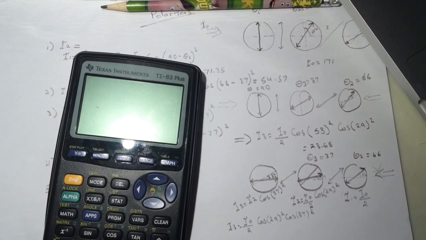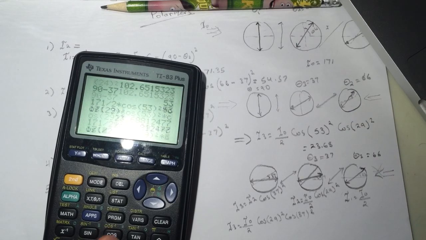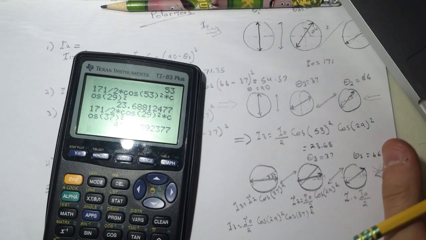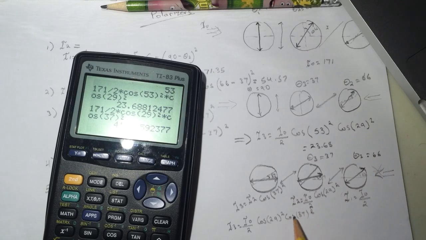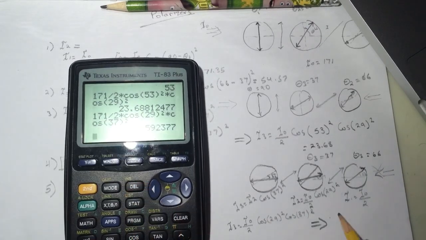So 171 divided by 2 times the cosine of 29 squared, times cosine of 37 squared. I got this value: 41.71.